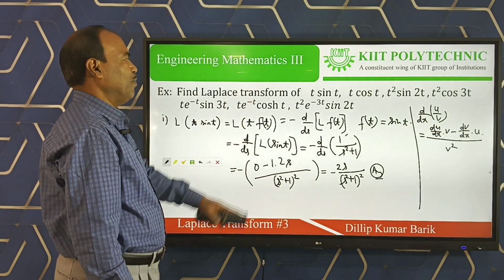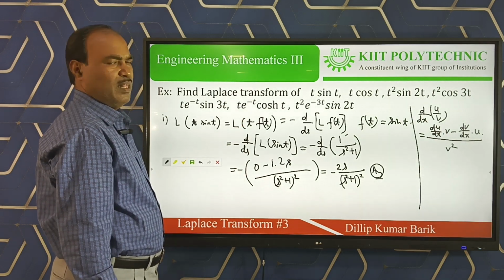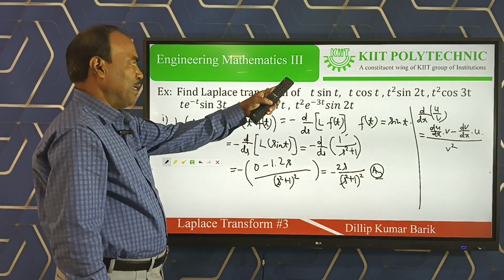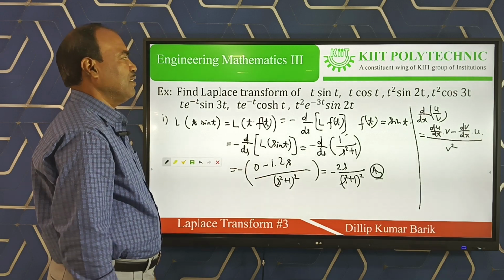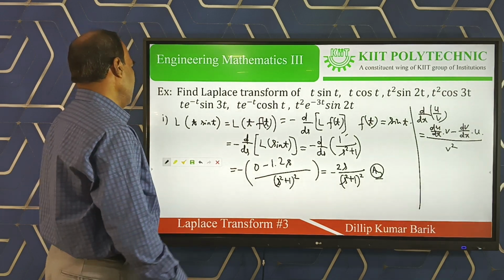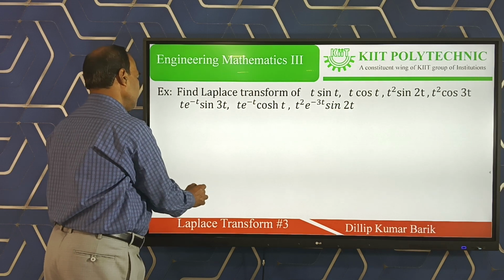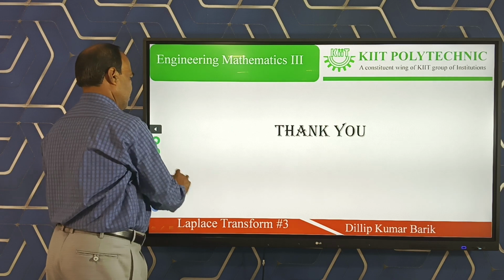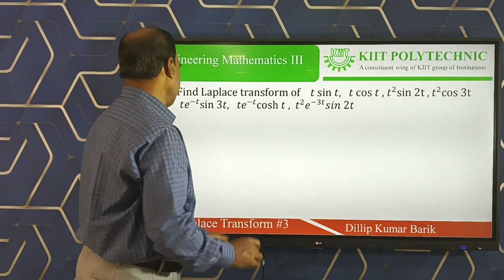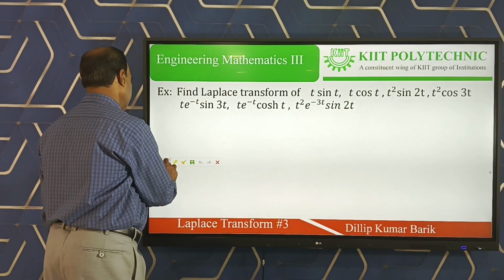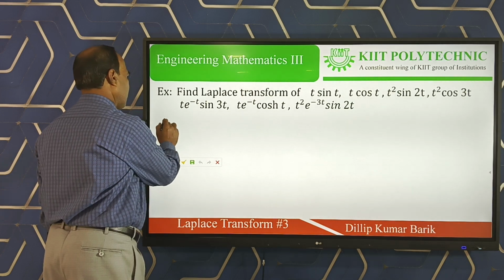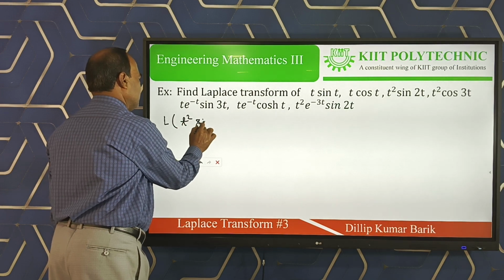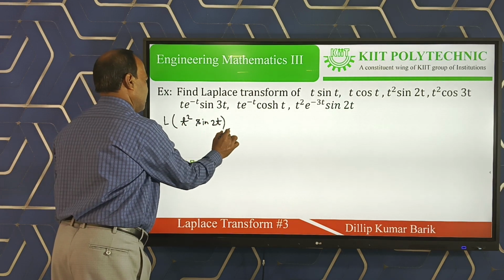Similarly, we can simplify Laplace of t cos t, and t sin 2t, cos 2t, and so on. Let's simplify another one, Laplace of t square sin 2t.